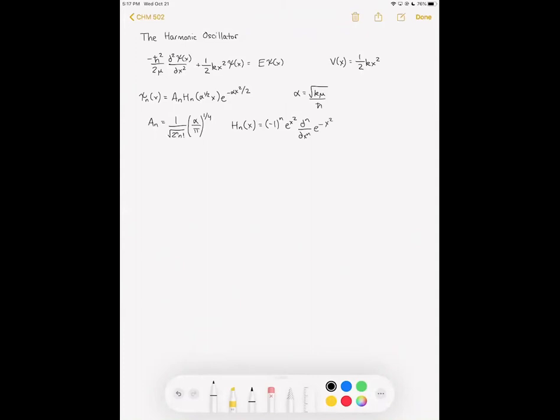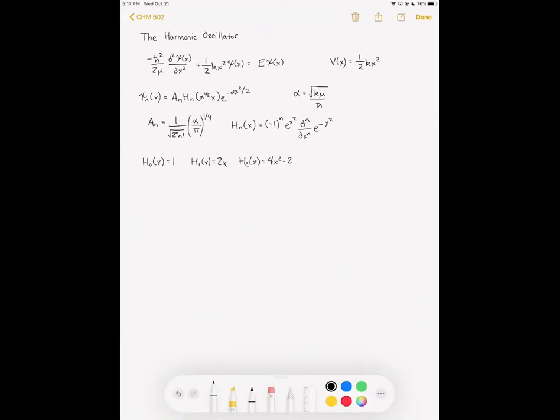That's why I'm getting my minus confused. So you can see that this term here is a way to generate polynomials. And when we do that, we get a variety of polynomials. So for example, H0 as a function of x is equal to 1. H1 as a function of x is equal to 2x. H2 as a function of x is equal to 4x squared minus 2, and so on.